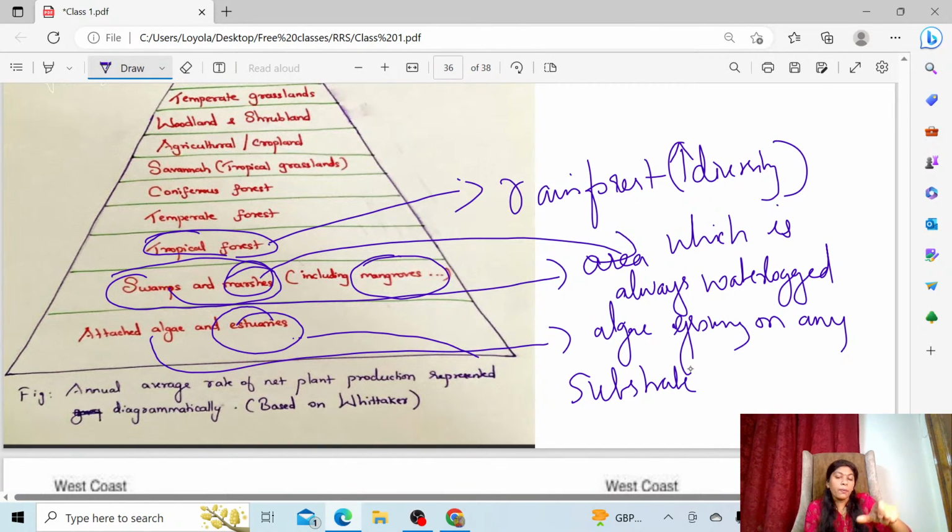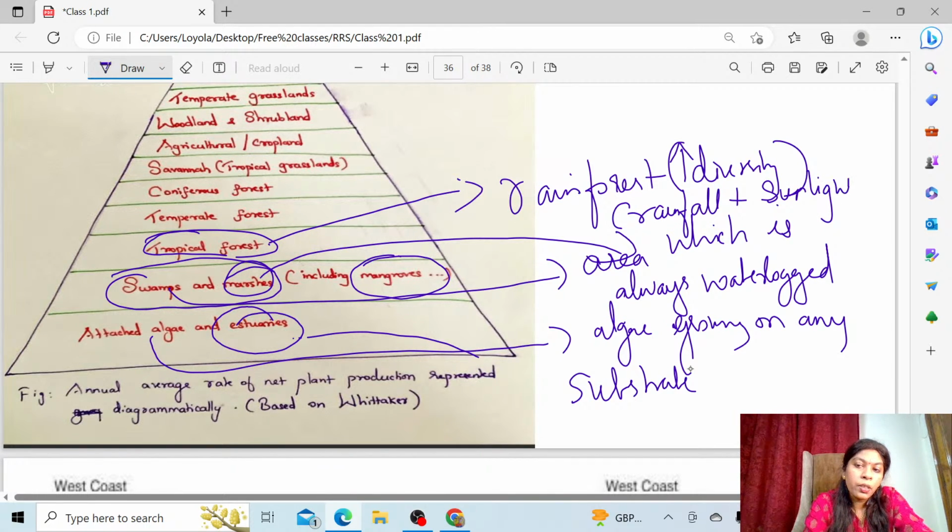Now it is very open. Already I told you, tropical rainforest is always present in the tropical areas. Tropical areas means what? There will be a lot of rainfall and sunlight, abundant. So when these trees are removed, the soil is directly exposed to rainfall and sun.